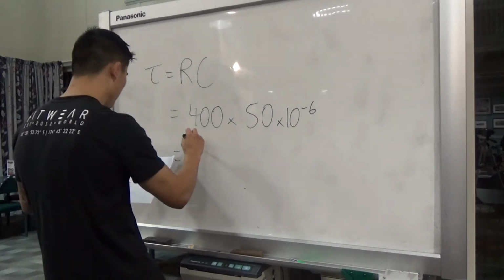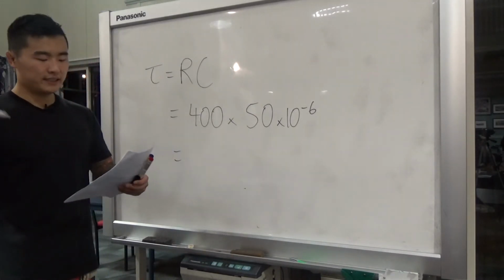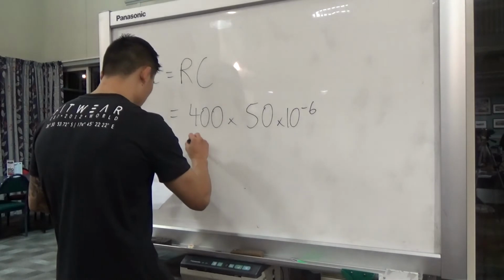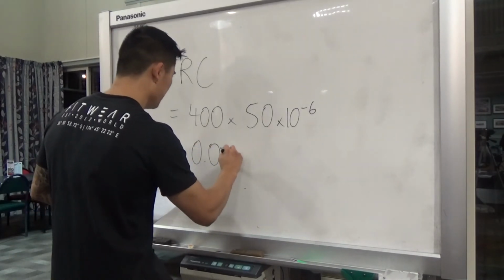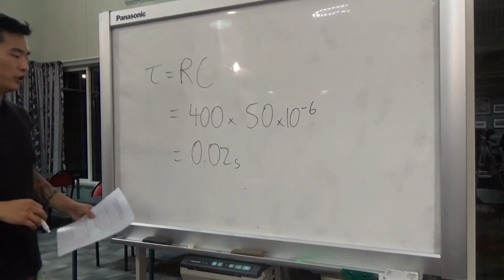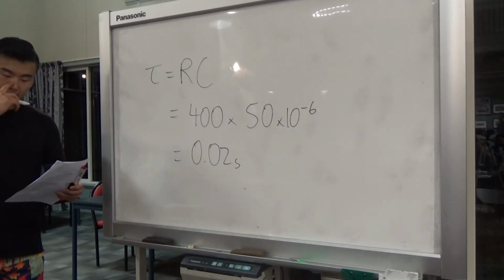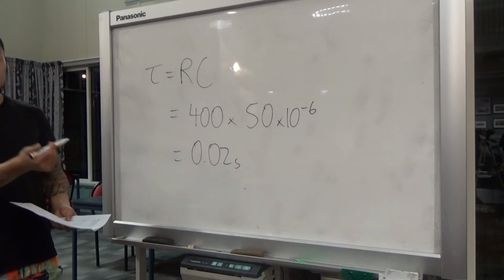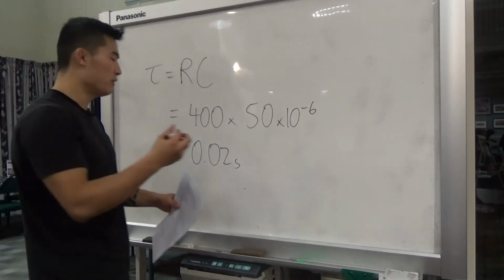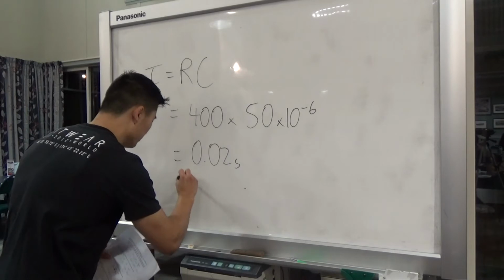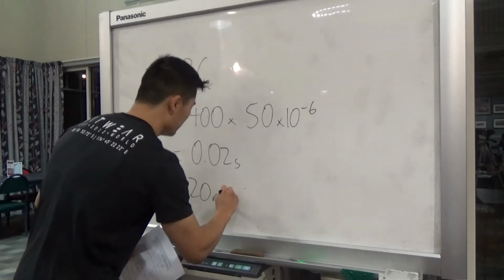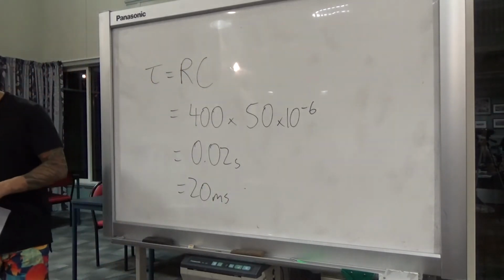So this question is continuing on from number 8. So that's 0.02 seconds. So you want that in milliseconds. So ms is milliseconds. To convert seconds into milliseconds, you're going to multiply this by 1000. So that will be 20 milliseconds. Okay?